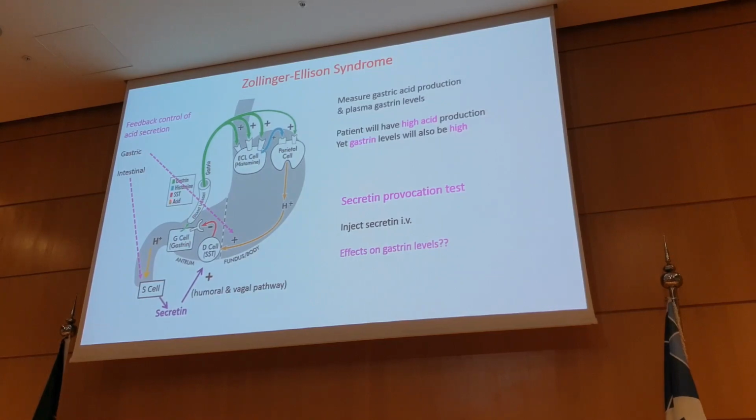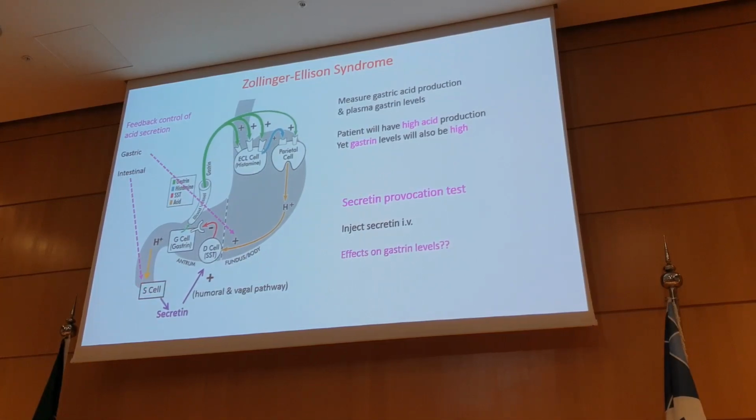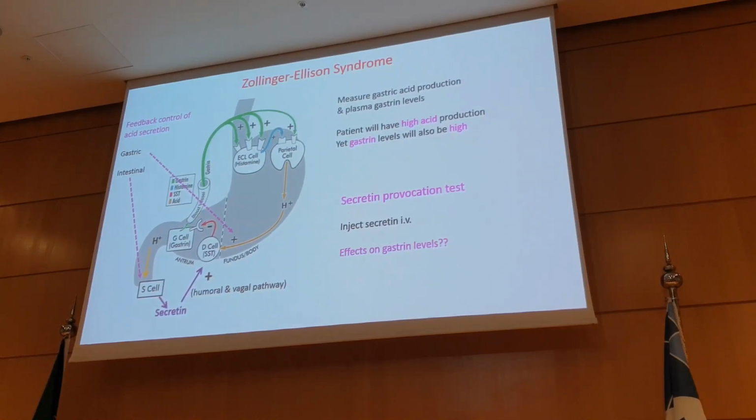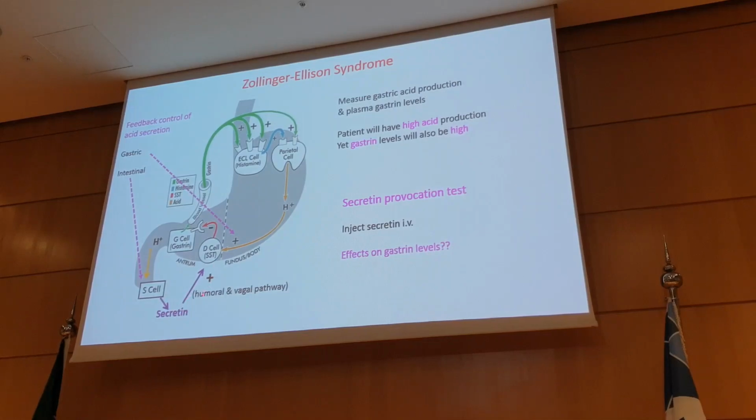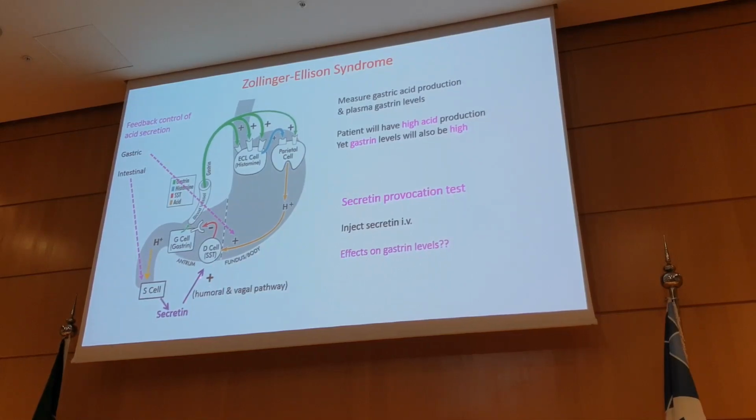Now, let's add something here, and this is secretin. I think we covered it. The S cell makes secretin. The best stimulus for secretin is a low pH. Once you get the low pH, around 4, secretin starts going up, and pancreatic bicarb starts going up. That's what secretin does. Secretin also comes up here, and most of it is through a neural reflex.